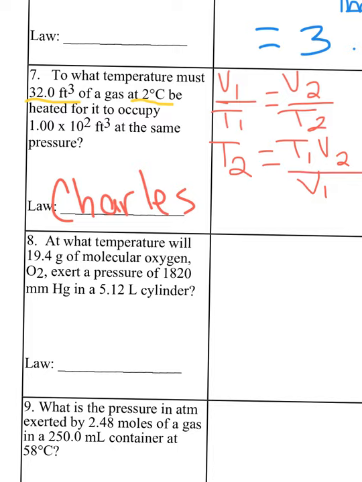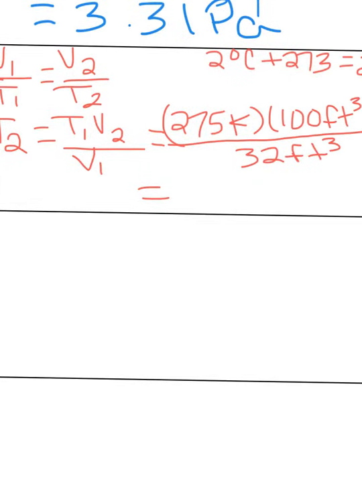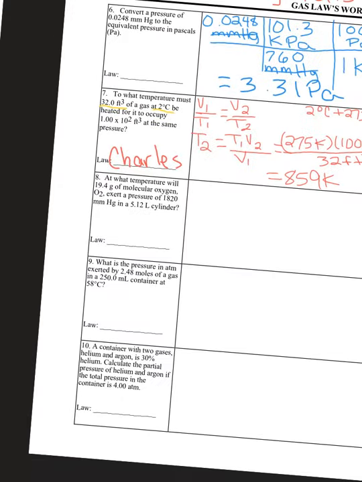To achieve that, we have to increase the temperature. So we are expecting our temperature to be higher than 275 Kelvin. Doing the math, it does in fact come out higher: 859 Kelvin, final answer.